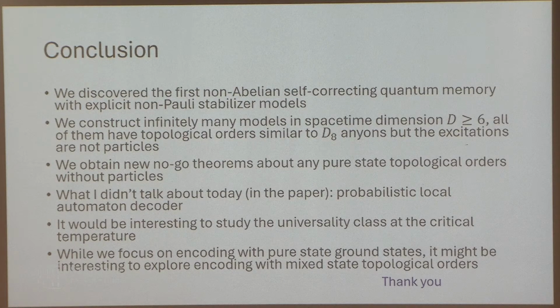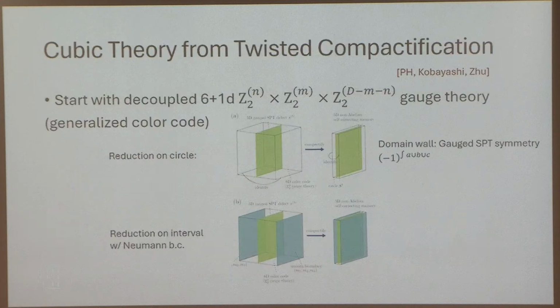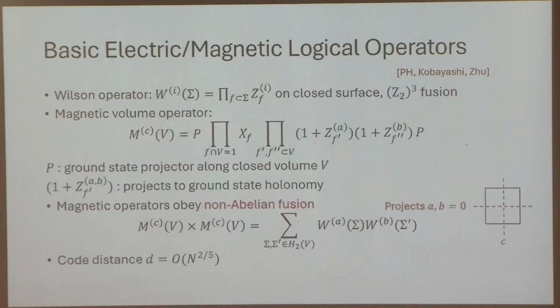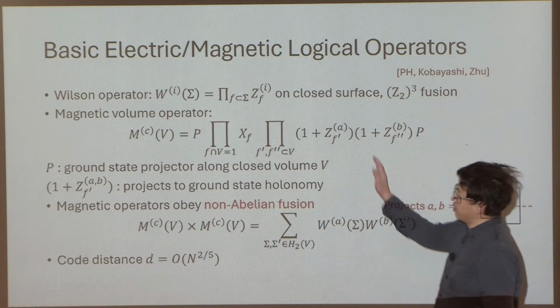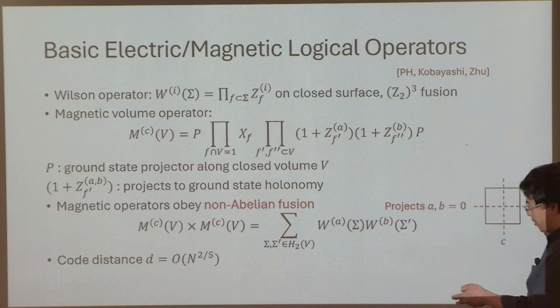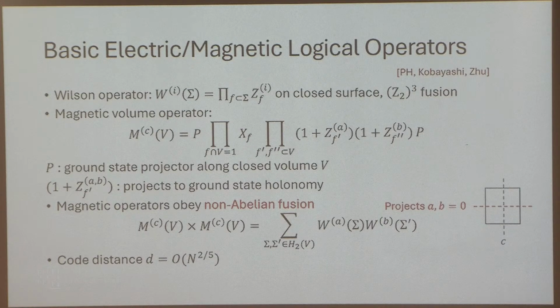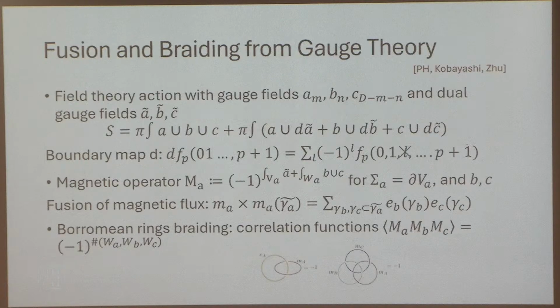But I should also mention that those non-abelian excitations, the excitation corresponding to this M operator, have non-abelian fusion and also non-abelian braiding. So using this expression you can explicitly check the braiding relation. And they have this kind of Borromean ring braiding.